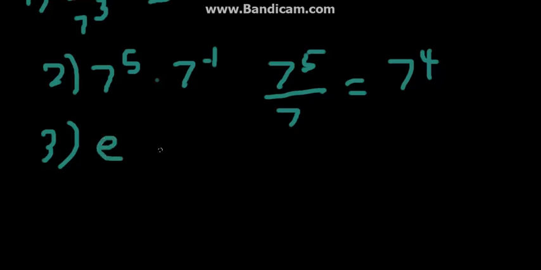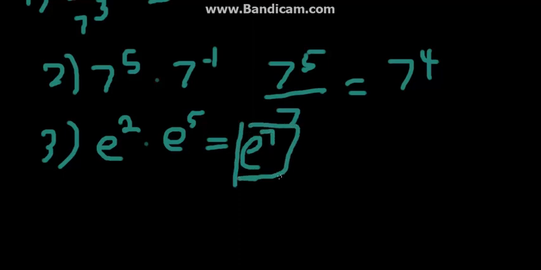Let's do e, which is some arbitrary number I made up, and we're going to have e to the 2 times e to the 5th. Okay? So what does this equal? Hopefully you got this. E to the 7.